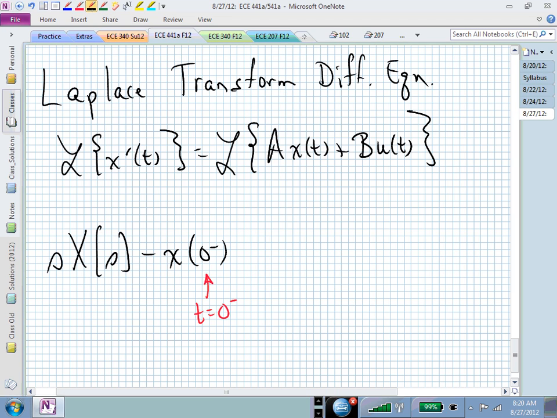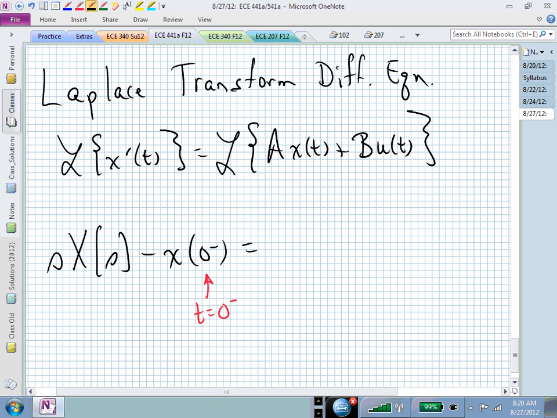And in this case, if it was 10th order, we would have 10 of those initial conditions. We would need to know the initial position, the initial velocity, the initial current, the initial voltage, the initial pressure, the initial temperature. If those are our state variables, we would need to know those. Now, what happens if we Laplace transform the right-hand side? The A and the B are time invariant.